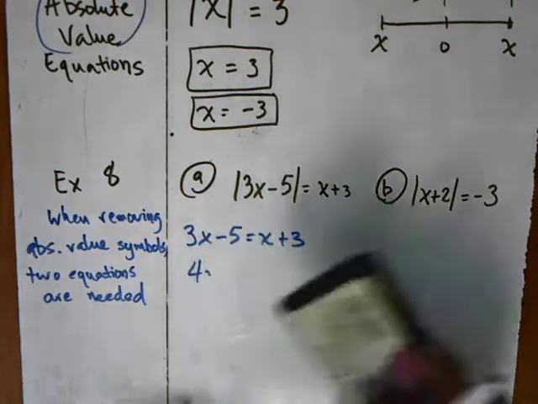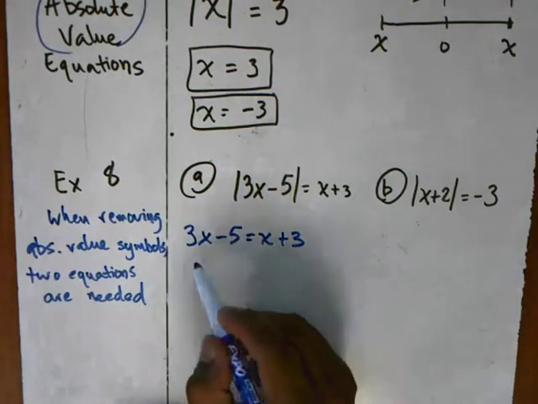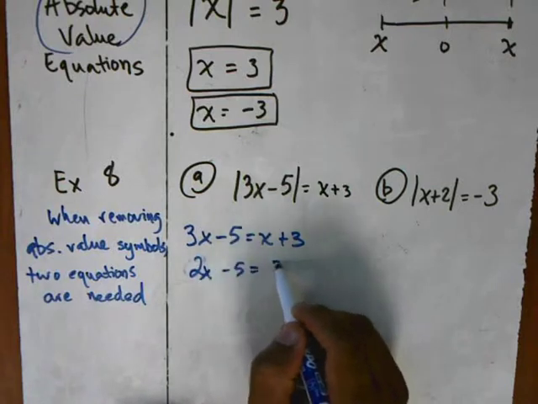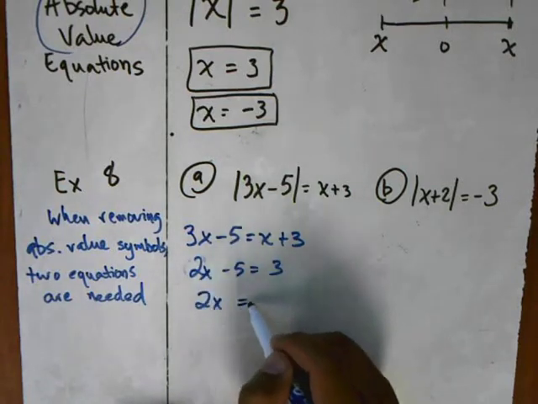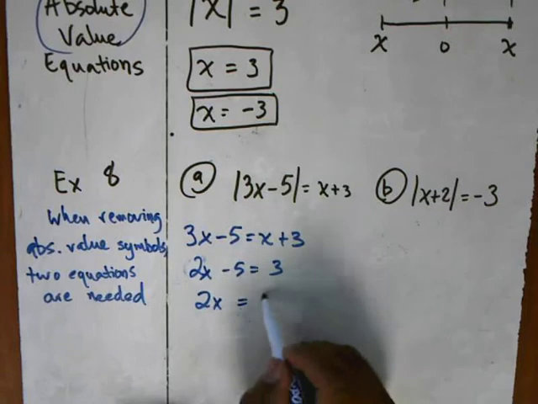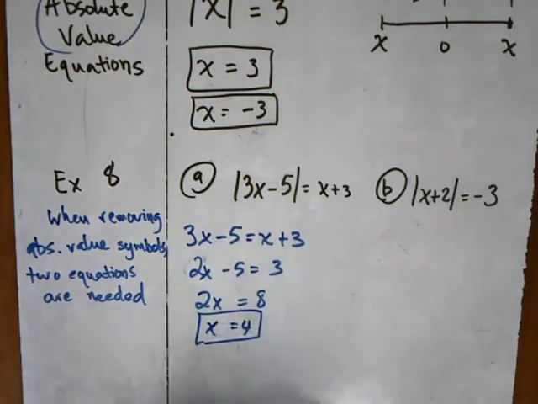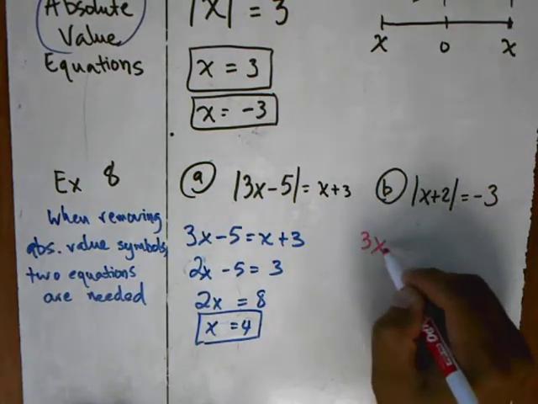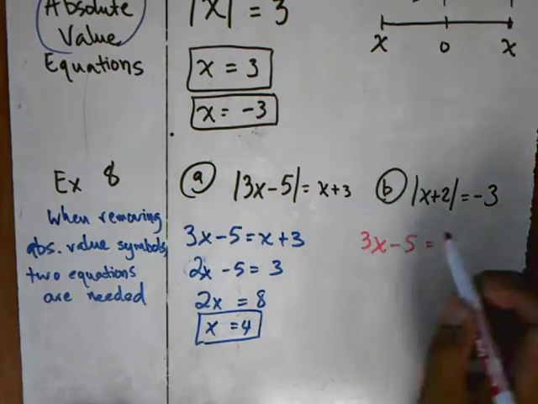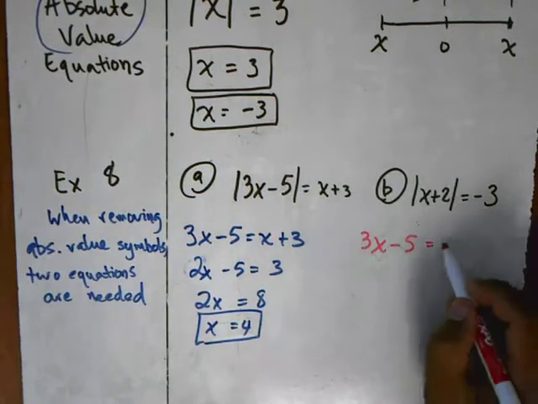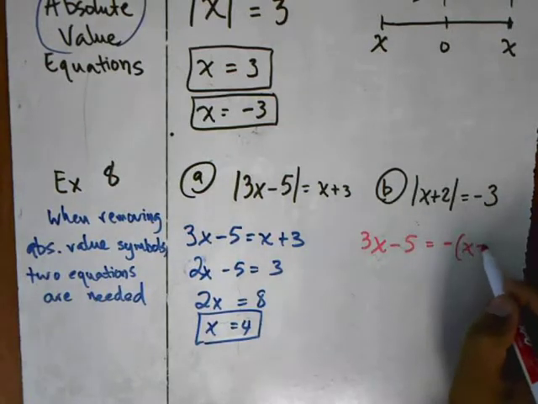You can subtract x from both sides and you get 2x minus 5 equals 3. 2x, add 5 to both sides, that's 8, and x equals 4. So that's one solution. And the other solution is 3x minus 5 equals, now you got to be careful, you want to put a negative here on the right side, but we have to negate the entire quantity.